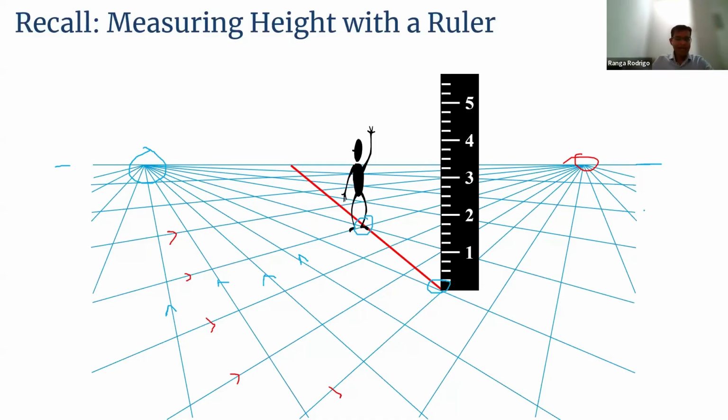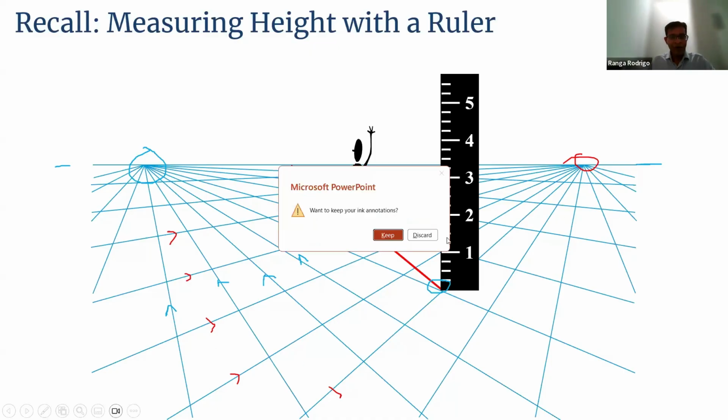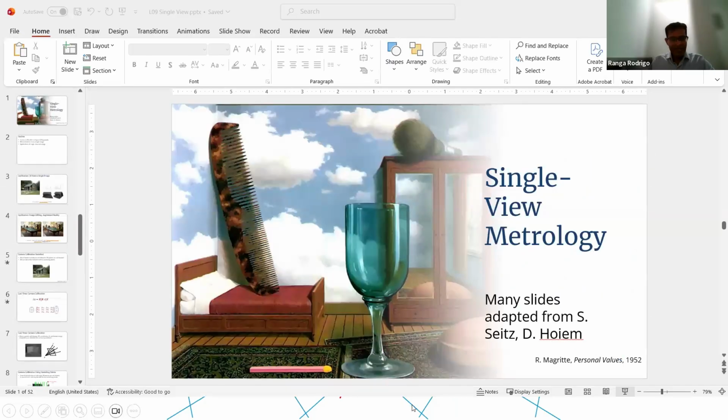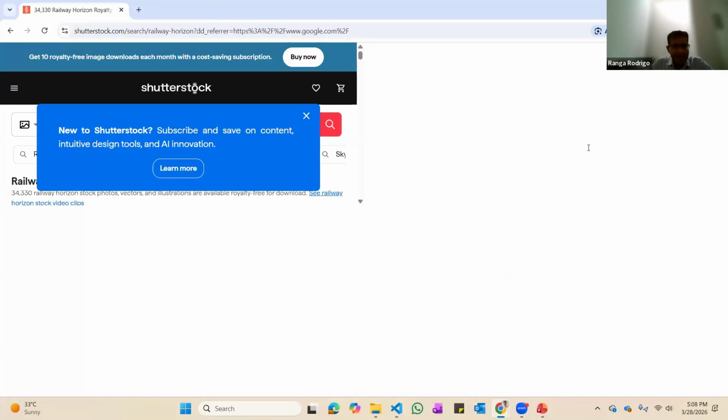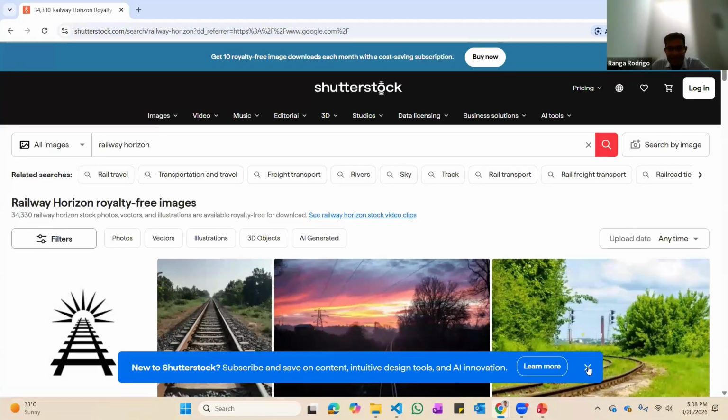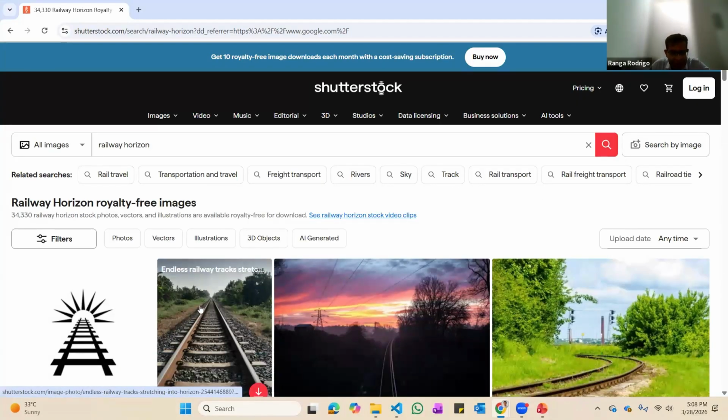If we actually look at an image of two railway tracks, which are parallel lines, let me show you an image. I just typed railway lines. You can see these two lines, they meet at the horizon, right?